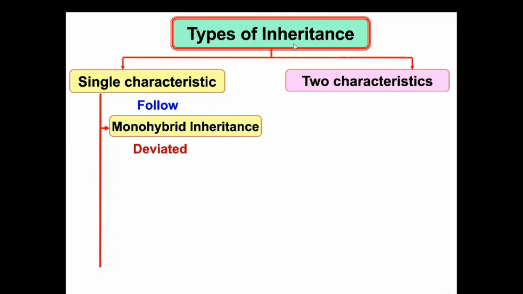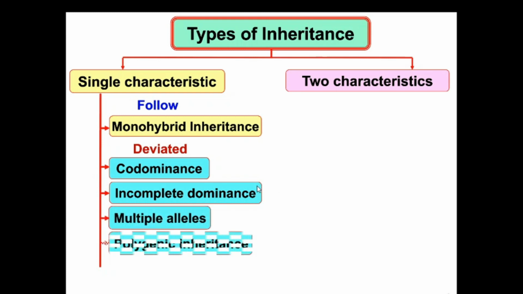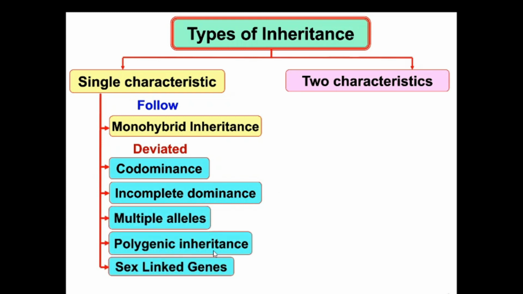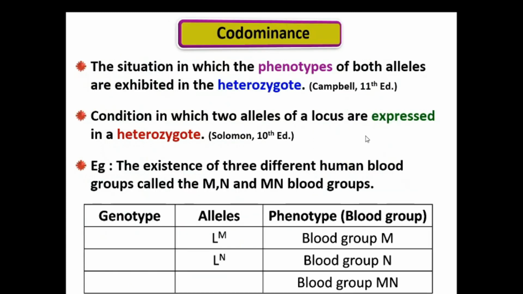But there are some types of inheritance which deviate from the Mendelian monohybrid inheritance, namely codominance, incomplete dominance, multiple alleles, polygenic inheritance, and also sex-linked genes. Meanwhile, the inheritance which has 2 characteristics will follow the Mendelian dihybrid inheritance. But the one that deviates from the Mendelian dihybrid inheritance would be linked genes. Okay, let's see the first one.